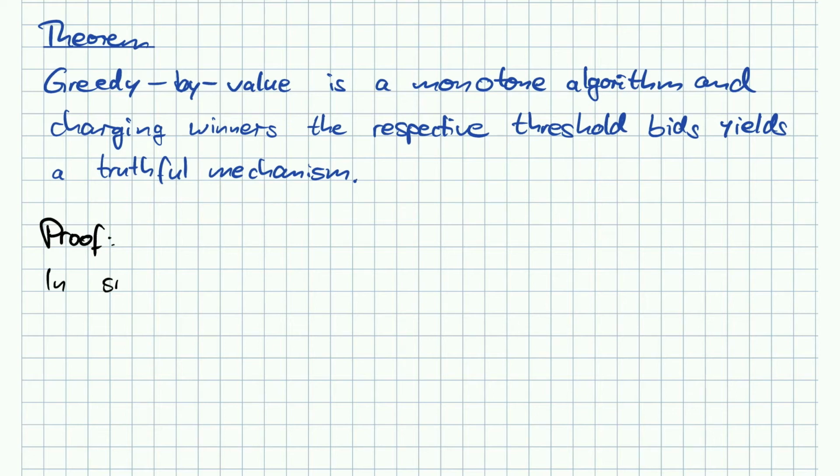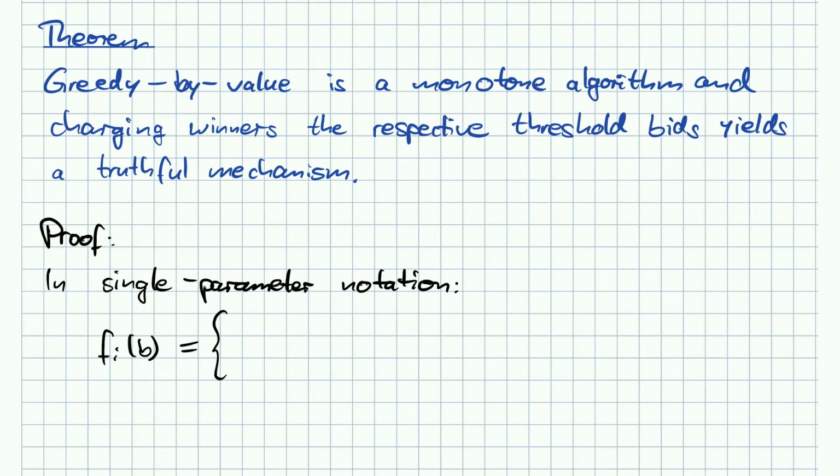In the single parameter notation, we could now set f_i of b to be 1 if i is a winner and 0 if i is not a winner.